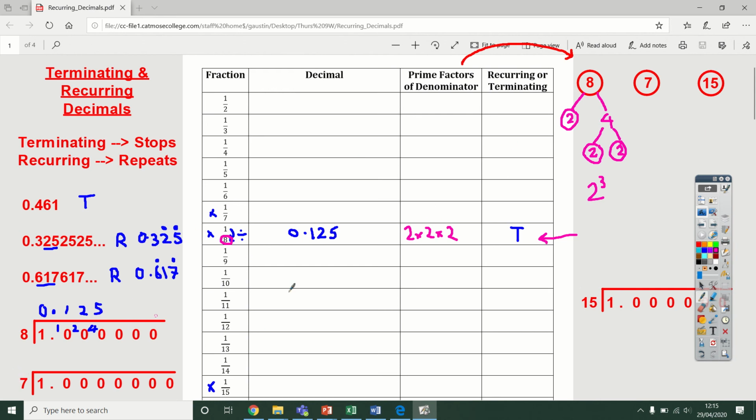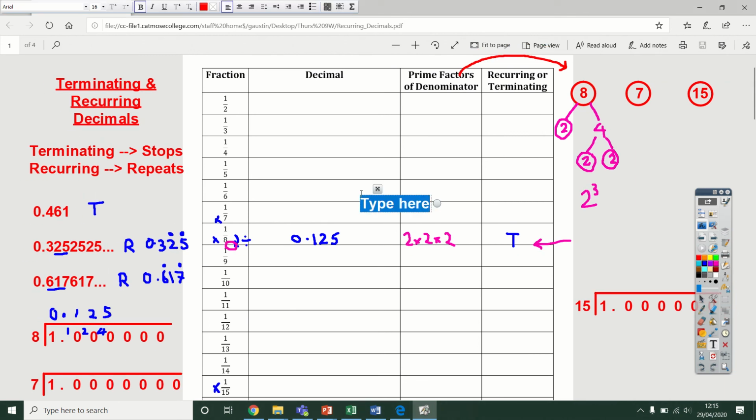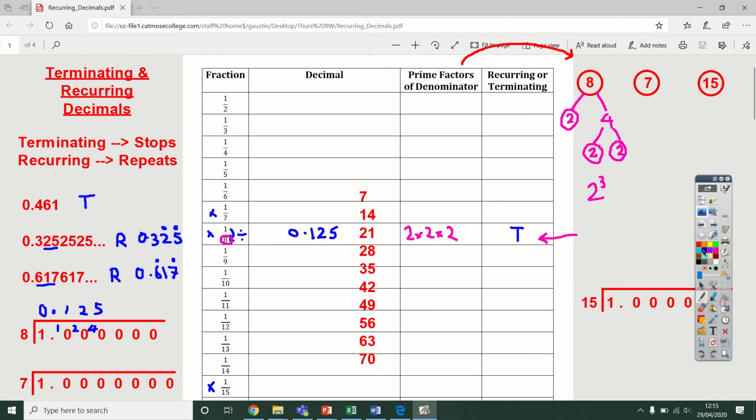Let's do 7s into 1. Let's write down the 7 times table to help us out. Up to 10 lots. 7, 14, 21, 28, 35, 42, 49, 56, 63, 70. That's all I need for the 7 times table. Then 7s into 1. That goes no times. Copy the decimal place.